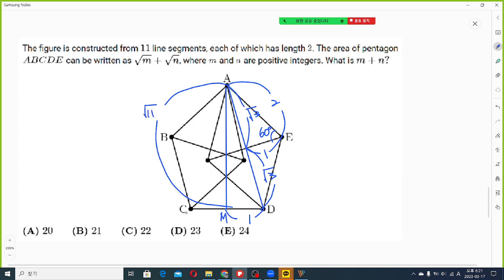So that means we can make another segment here. What's the area of ACD, the center triangle? Square root of 11 times square root of 11.